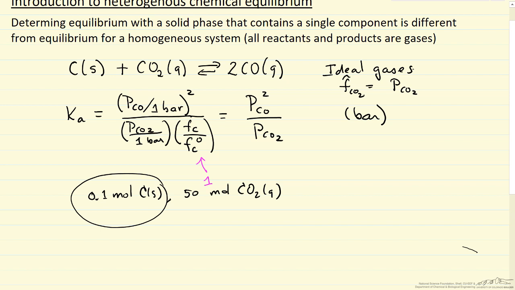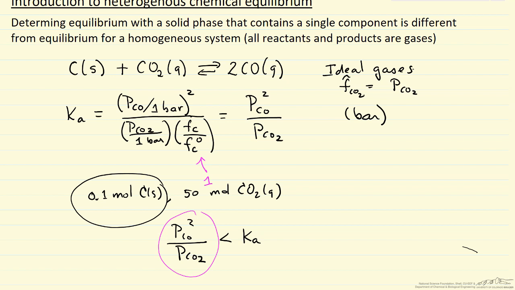In other words, we're at a condition where the pressure of CO squared divided by the pressure of CO2 is less than Ka. So in order for equilibrium to be satisfied, we have to have this ratio equal to Ka, which would mean we need to make more carbon monoxide and react more carbon dioxide.